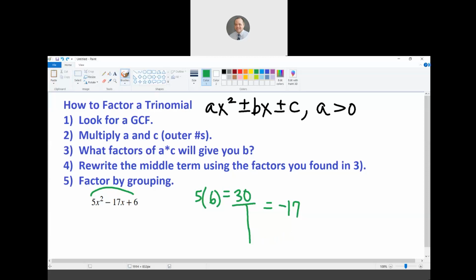Let's try -2 and -15. Now your signs have to be correct also. Let's check the multiplication first. A negative 15 times negative 2 is a positive 30. And then a negative 15 plus a negative 2 gives us negative 17. So we found the right factors.